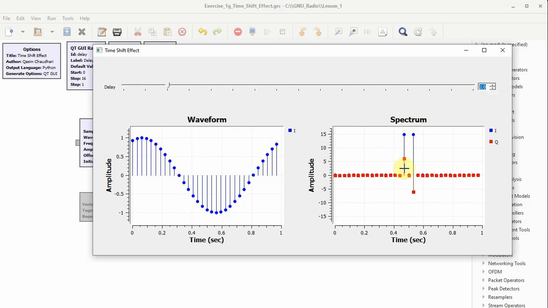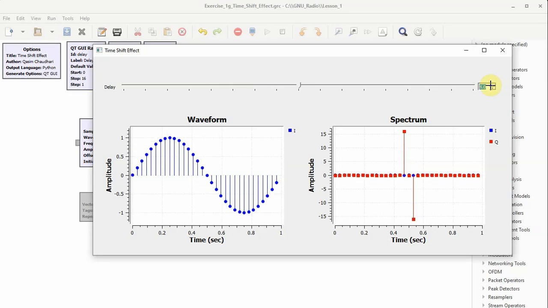For a delay of 2, the I component goes a little smaller, the Q component becomes a little bigger. For a delay of 4, you already see that some kind of pattern is emerging. And if you have guessed it right, then after a delay of 8 samples, in time domain, we have a sine waveform, not a cosine waveform.